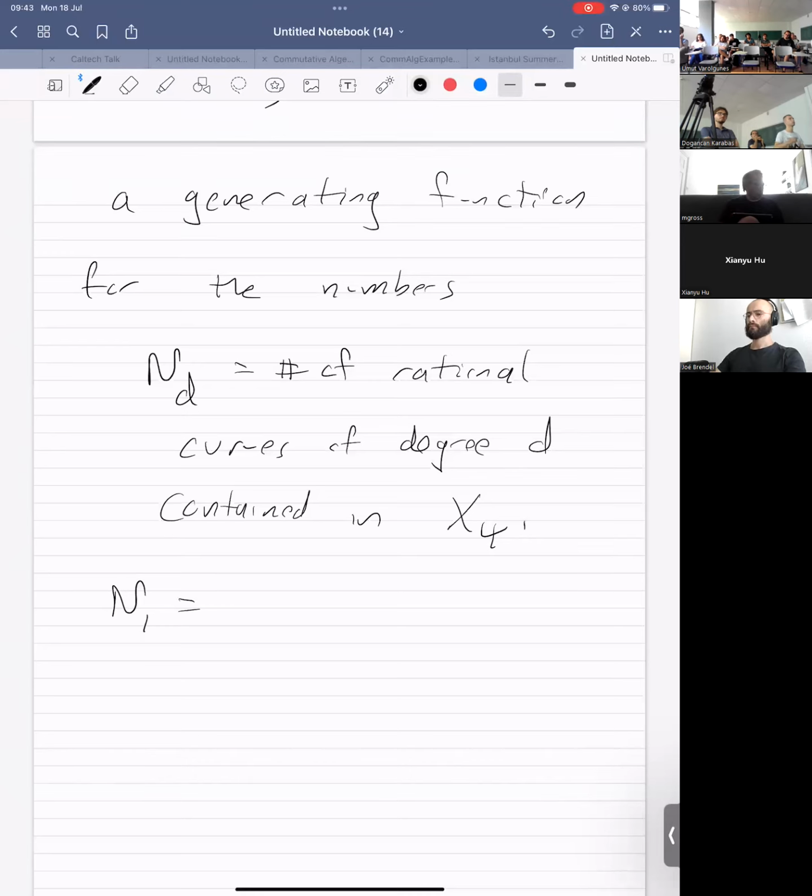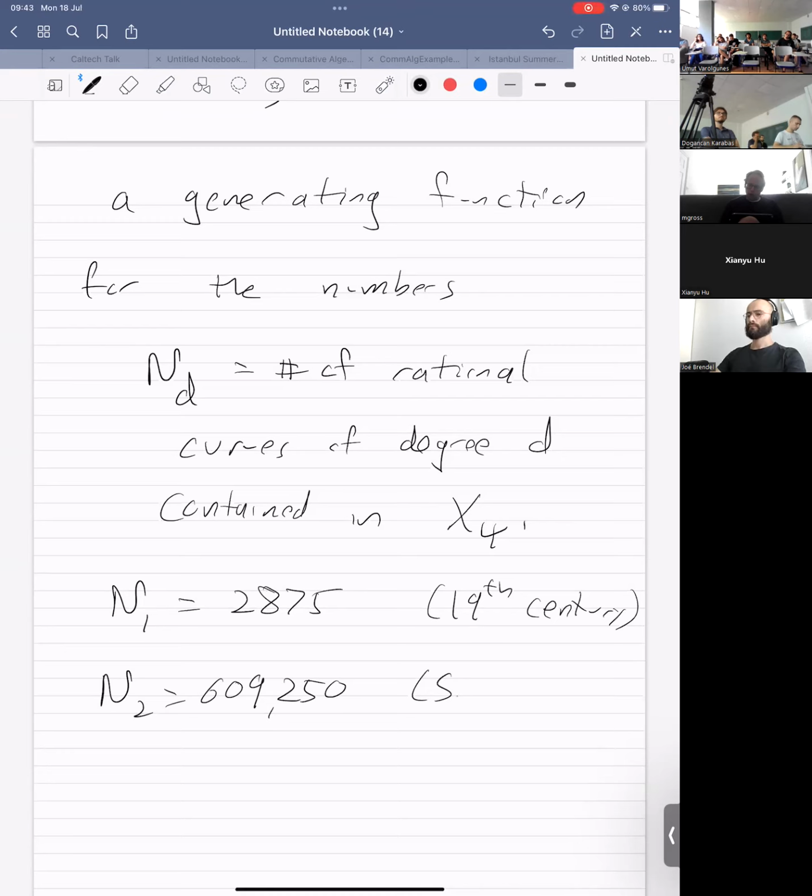So N1 is the number of lines. This was known to be 2,875 on the general quintic. N2, that's the number of conics contained in the general quintic, 609,250.